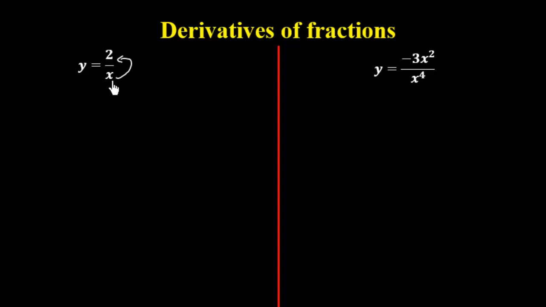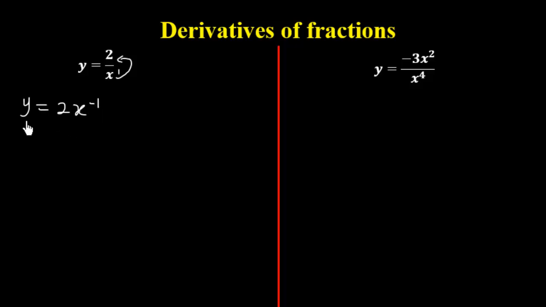Remember, whenever you are moving a variable from the denominator side to the numerator side, the exponent of that variable has to change its sign. In this case, x has an exponent of 1. As it moves from the denominator to the numerator, the exponent of 1 changes to negative 1. So y is equal to 2x to the power negative 1.